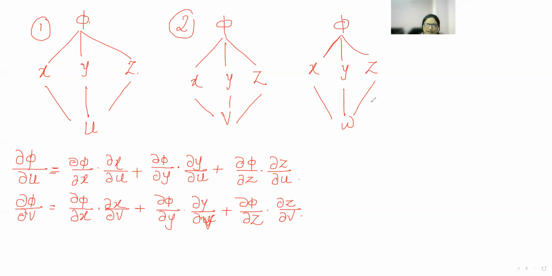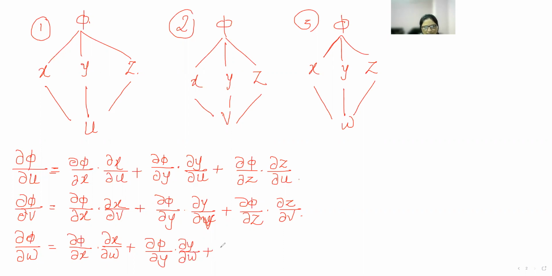And lastly, we are going for the third one. Partial derivative of this phi with respect to w. So dou phi by dou w is equal to dou phi by dou x into dou x by dou w plus dou phi by dou y into dou y by dou w plus dou phi by dou z into dou z by dou w.